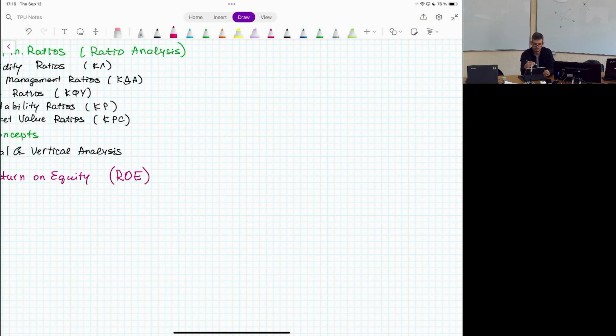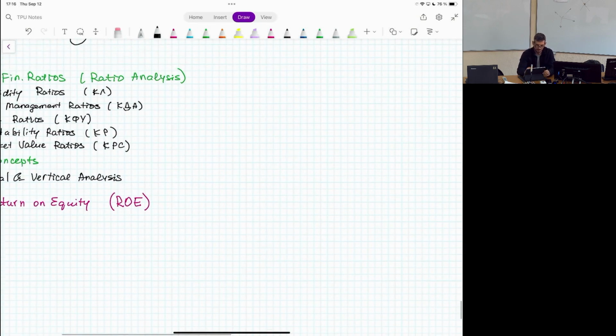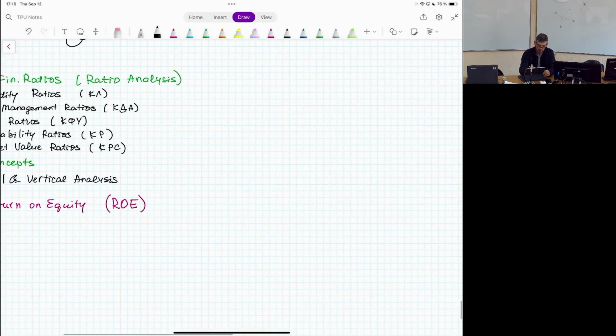But before we do so, I want to briefly show you several pictures. All these ratios are based on financial statements. So, for this we will need a balance sheet again. Balance sheet. We will need the income statement.